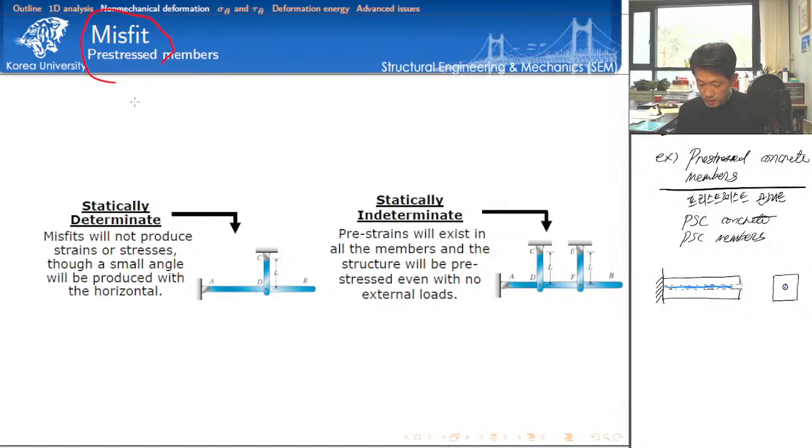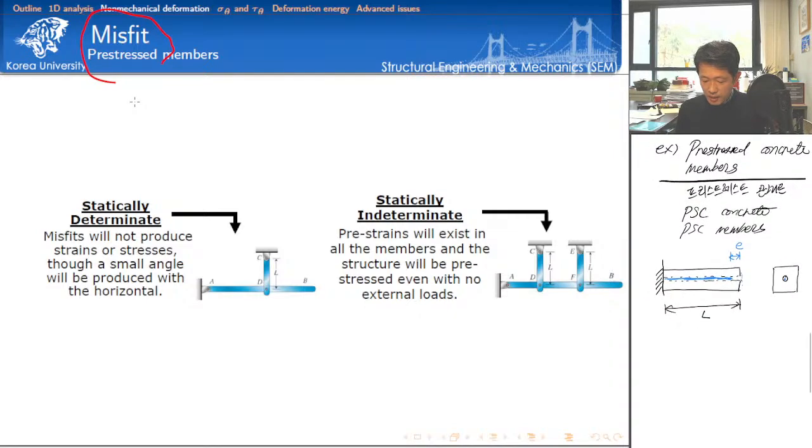My tendon is a little bit shorter than the length of the member. Say, for example, E. The prestressed tendon is shorter than the length of the member. So as usual, we denote the length of the member as length L. Please make sure that we are talking about small deformation, okay?